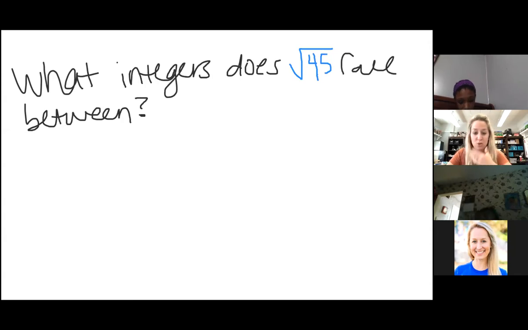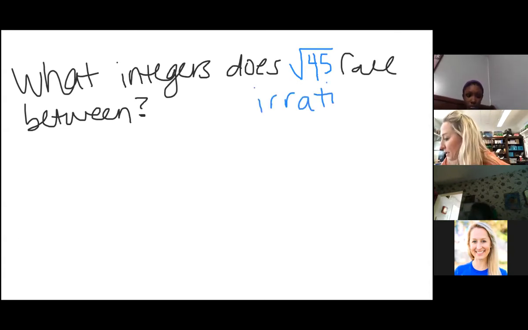It's not a perfect square. This is from 1.1. Those perfect squares, like the square root of 4, that's 2. Square root of 9, that's 3. Square root of 16, that's 4. Those are those perfect squares. So the square root of 45 is not going to get you a whole number. This number is irrational.